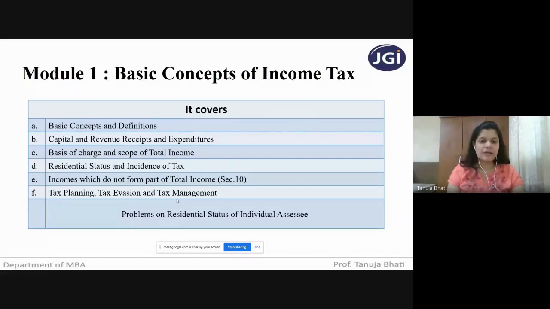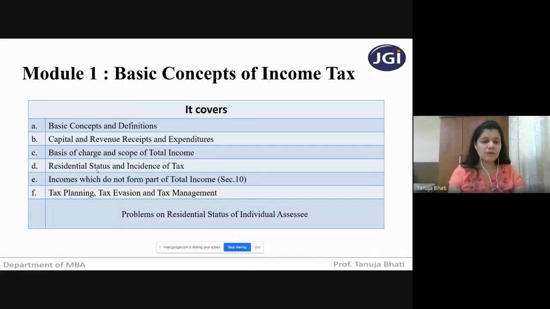Remember students, as per your VTU syllabus, you have problems from this module only on residential status of an individual. That is point number D. You will have problems only on point D, residential status, and that too of an individual. Now, who is an individual?